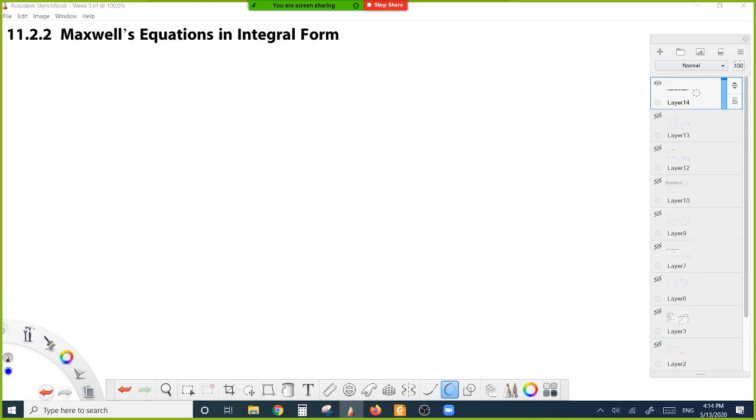However, differential forms of equations are not always suitable, because for the calculation of fields and field related quantities, integral forms of equations are more convenient and sometimes more descriptive of the phenomenon involved.